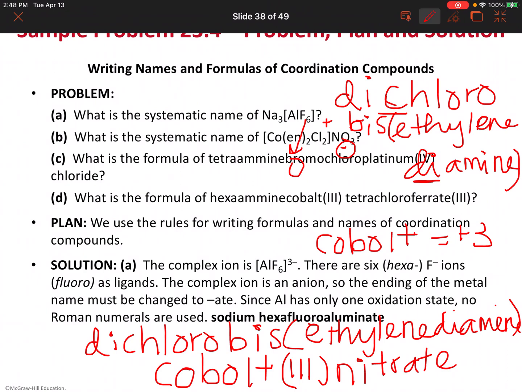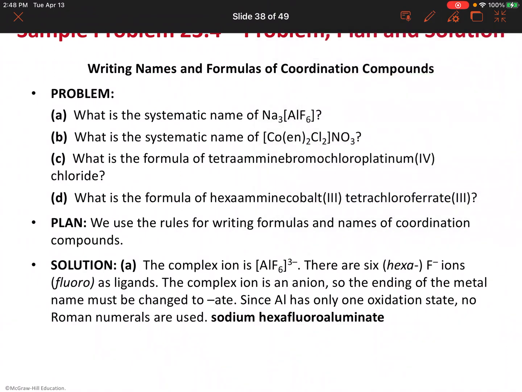Okay, so let's see how to write this formula. Okay, we're doing C, right? What is the formula of tetraamine bromochloroplatinum 4 chloride? Okay, I was reading D first.